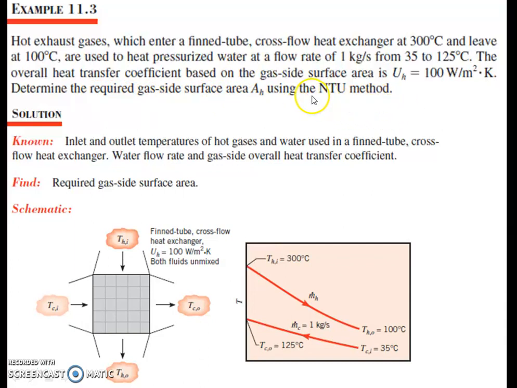When the question says you have to use the NTU method, you have no other choice of formulas. Based on this, we can find the Cp from the table. After this, we can calculate the capacity of the cold side because both temperatures are provided in the question.